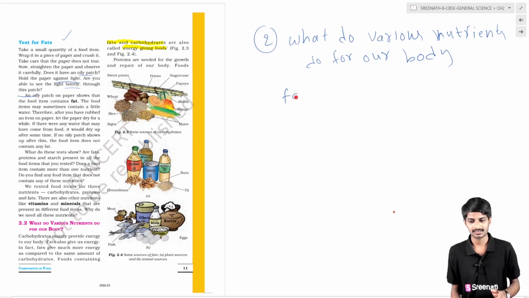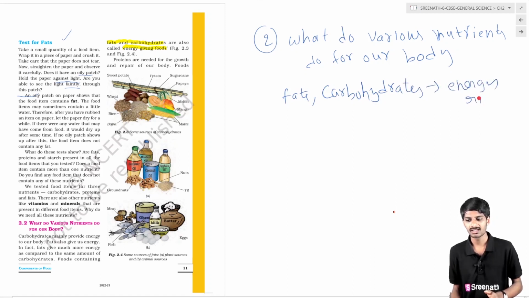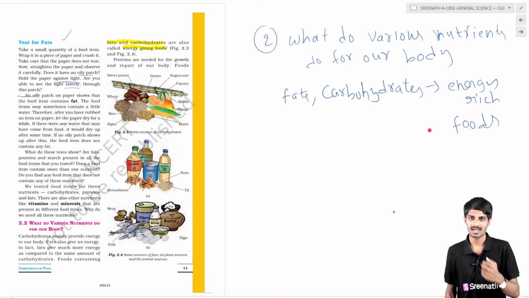Fats and carbohydrates are called energy rich foods. They contain so much energy, and fats contain more energy than carbohydrates.